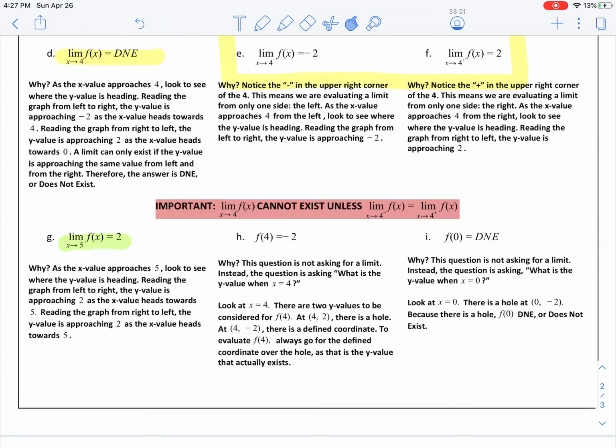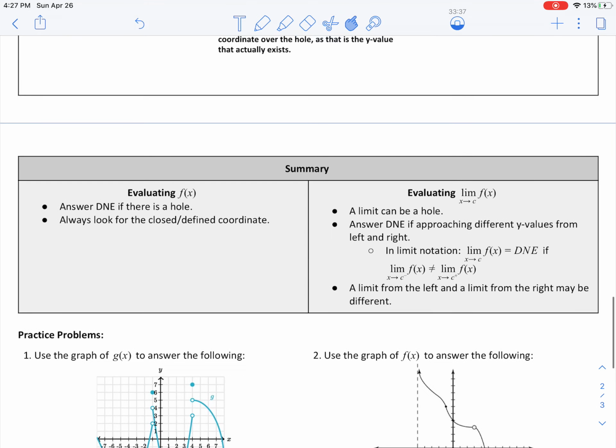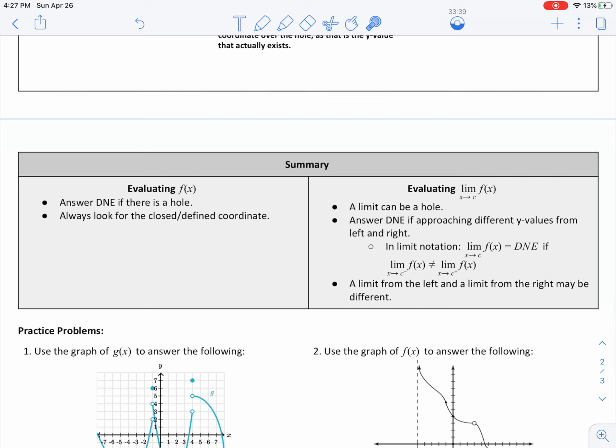Okay, so in both example 1 and example 2, there is a lot of differentiation between these ideas of limits, those from the left, those from the right, as well as evaluation of your function. Okay, you can see that on the next page there is a summary that I would like you to read and make note of, super helpful information that's going to help you with your practice.